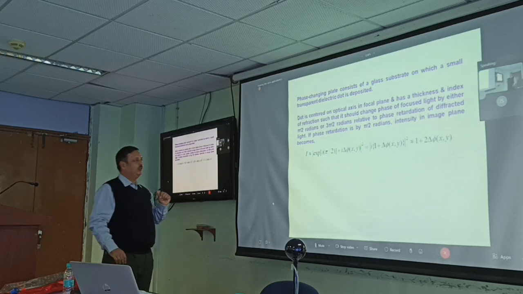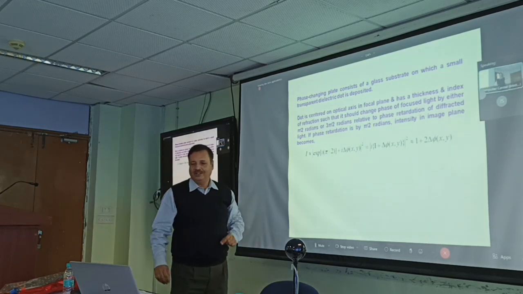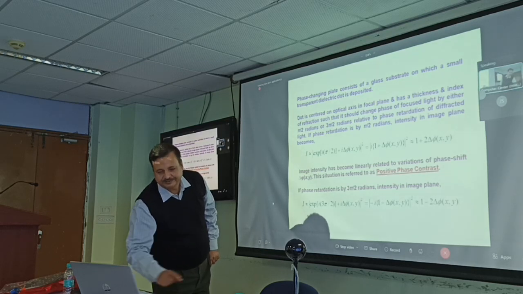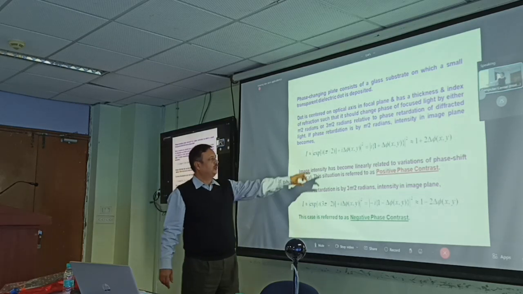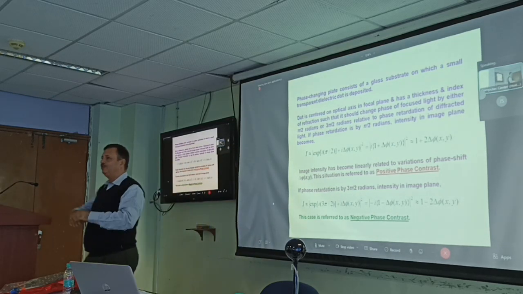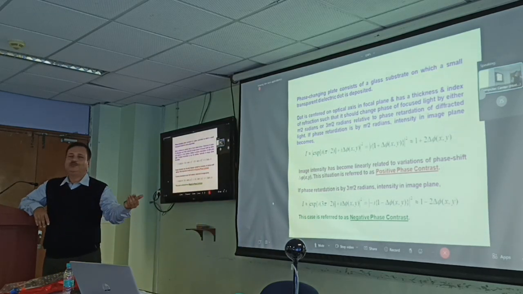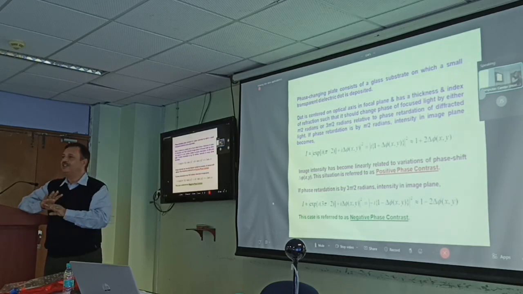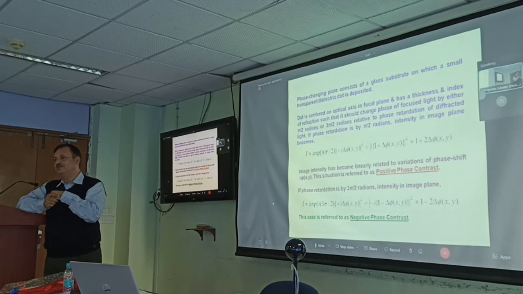So you can introduce a pi by 2 phase plate, or you can introduce a 3 pi by 2 phase plate. Either way. If you introduce a pi by 2 phase plate, we get the positive phase contrast. If you introduce 3 pi by 2, then what you get is the negative phase contrast. This is what is called phase contrast microscopy.